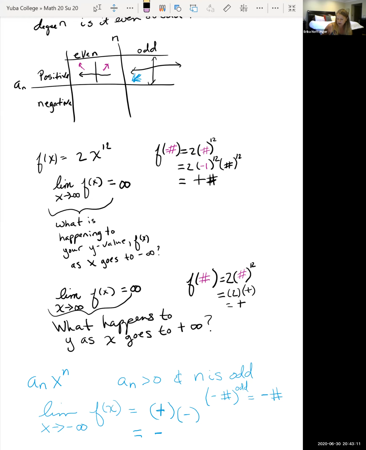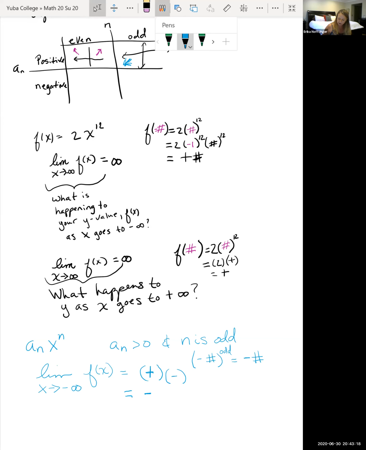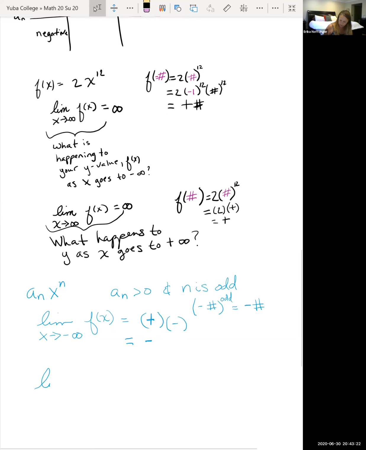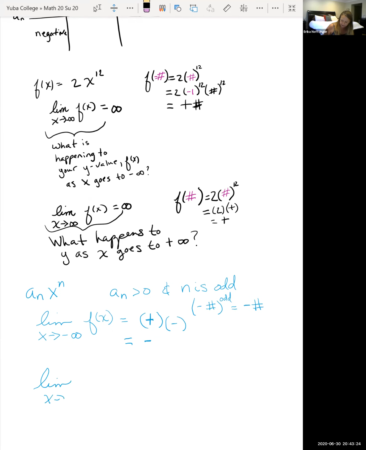So same kind of reasoning, I can think about it when I'm plugging in positive numbers for x. We'll have a positive coefficient out front. So limit as x goes to infinity. I have that positive coefficient up front, and I'm taking a positive number, raising it to an even power.